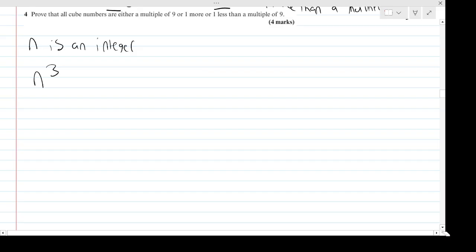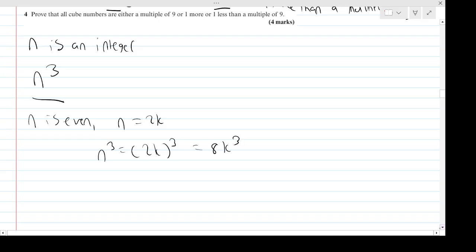So it wants us to show that it's a multiple of 9 or 1 more or less than 9. If we were to think about the 2 times table, so even and odd, if we said n is even, then n can be written in the form 2k. If we then did 2k all cubed, that'd be n cubed, that would be 8k cubed. Now that's a multiple of 8, but that's not what the question's saying.